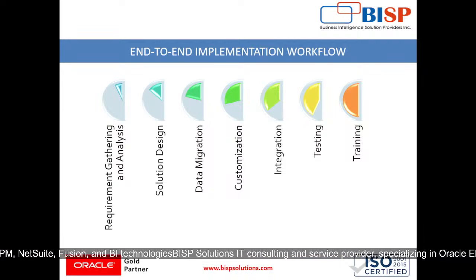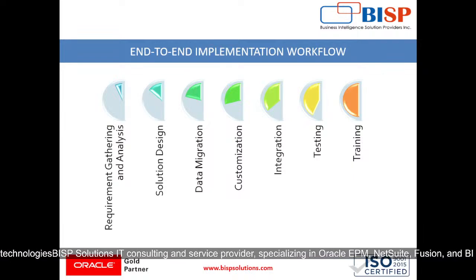Then data migration is for importing legacy system data into NetSuite, for example financials, customers, inventory, like that. Then customization, which means developing custom scripts and workflows using SuiteScript and SuiteFlow. Then integration, which means connecting NetSuite with third-party applications, if required in the business. Then comes our testing, where we will be performing unit, system and user acceptance testing.